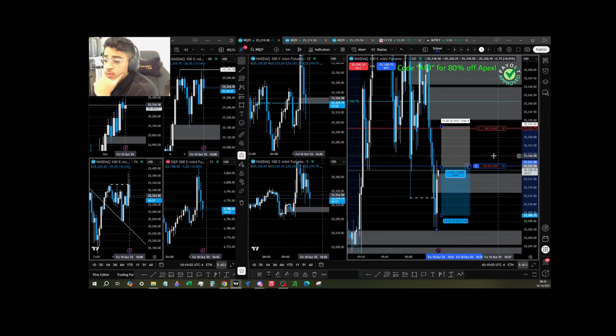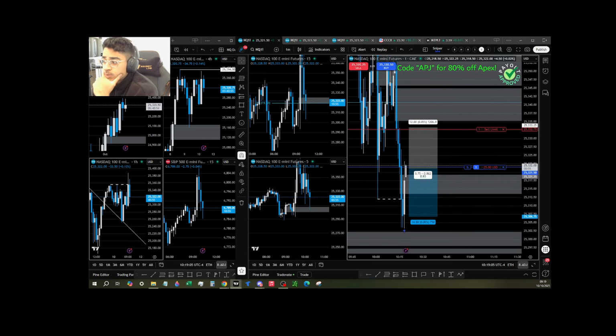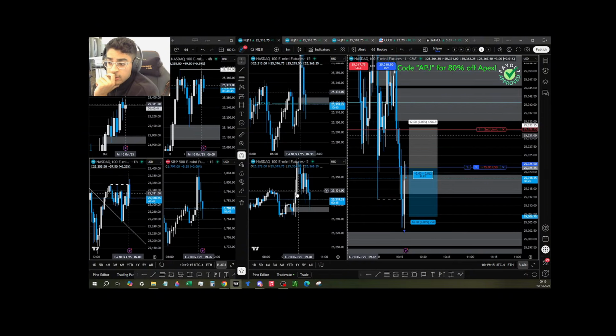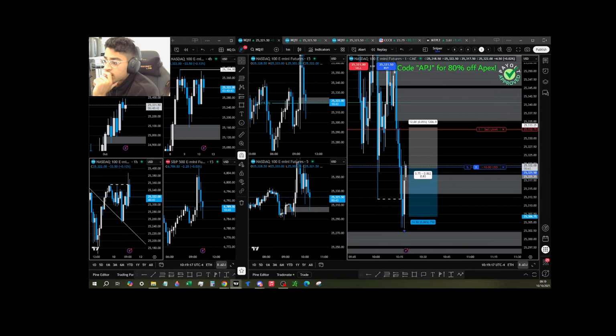Okay, 1 minute did not inverse yet. 30-second obviously did. That's when we took our half size entry. Need a break above this high for continuation. Seeing a little reaction to that lower 5 minute.